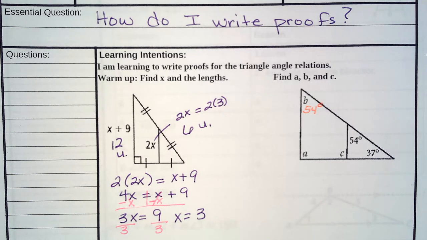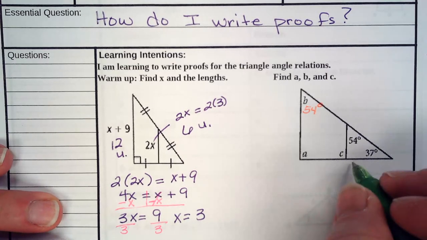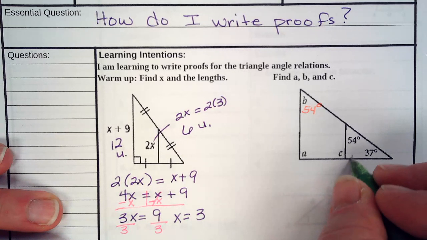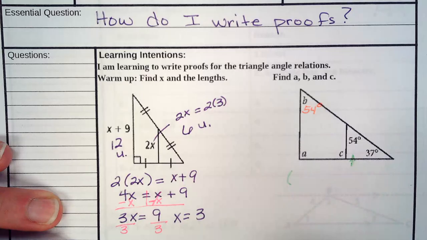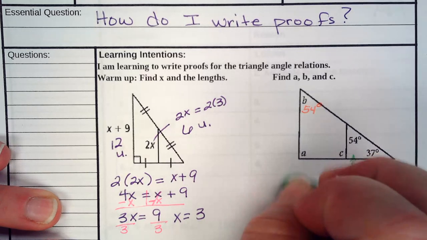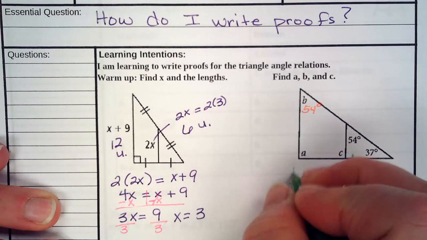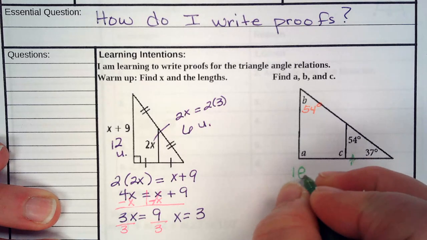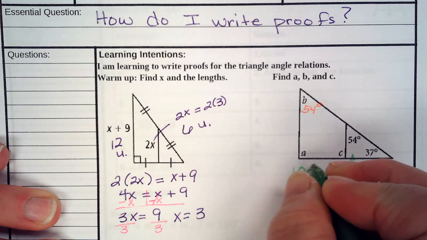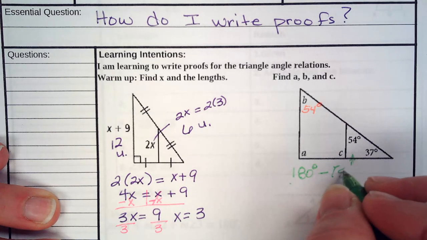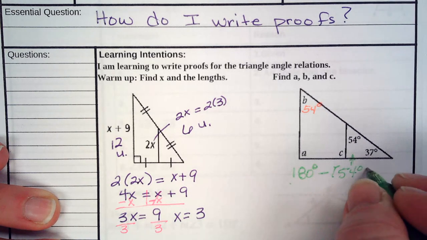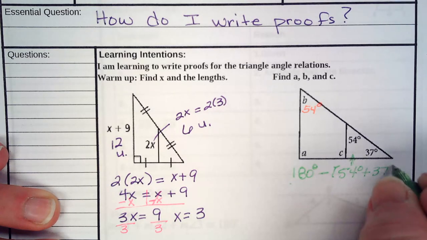So now I want to finish looking at the last angle in my triangle. So for this one here, I'm going to take 180 degrees minus 54 degrees plus 37 degrees.